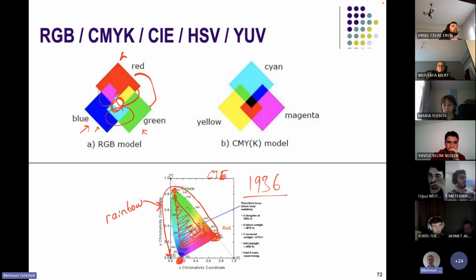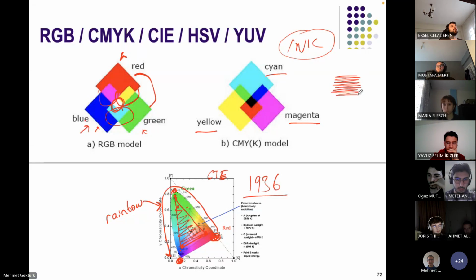But this is opposite for the ink. With the ink, we have cyan, magenta, and yellow inks. If you paint magenta ink, assume that my brush is magenta. It's a paint.